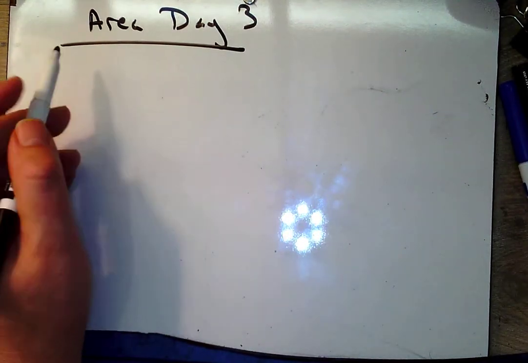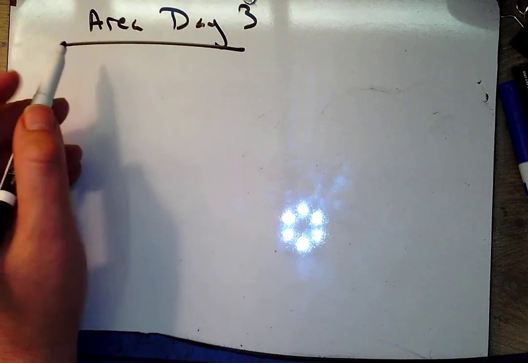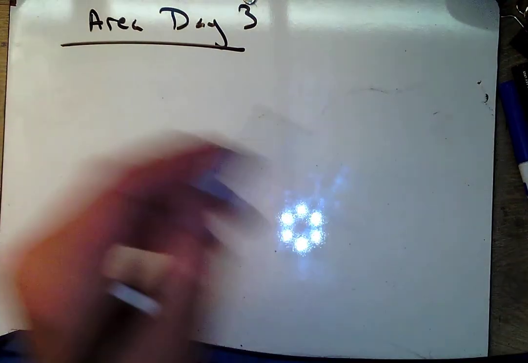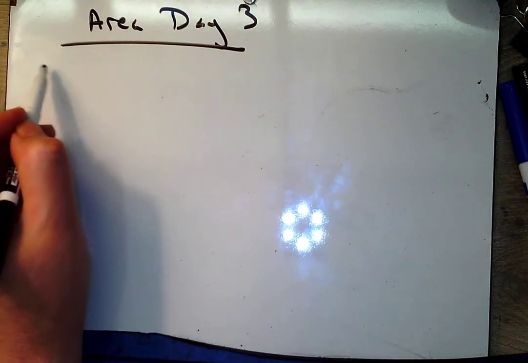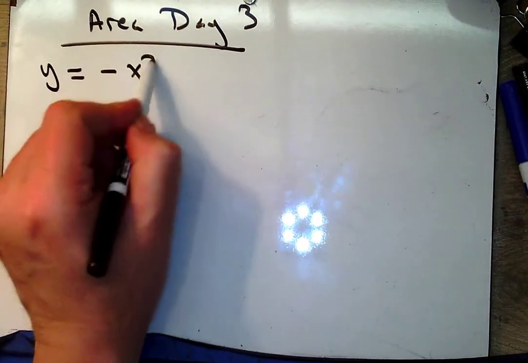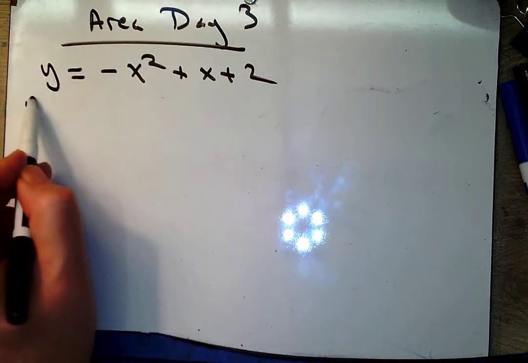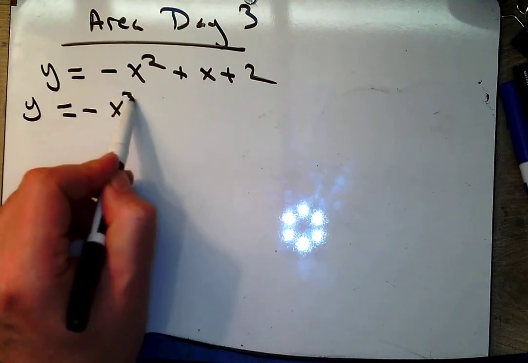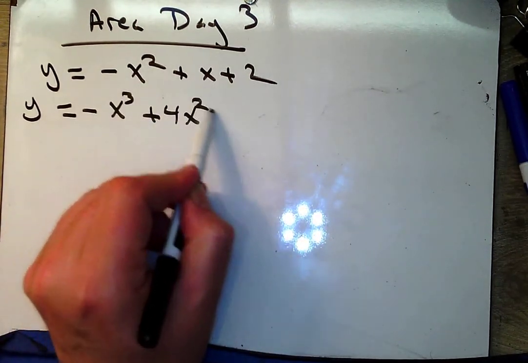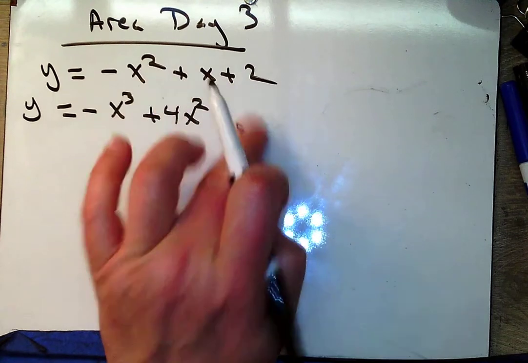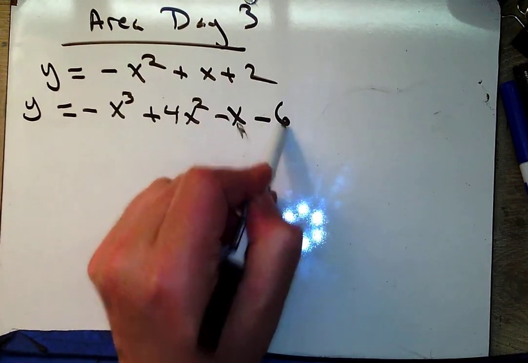Okay, so I've been given two functions here. One of them is y equals negative x squared plus x plus 2. The other one is y equals negative x to the third plus 4x squared minus x minus 6.